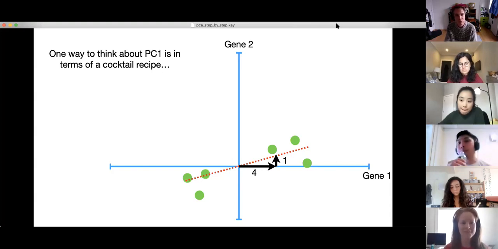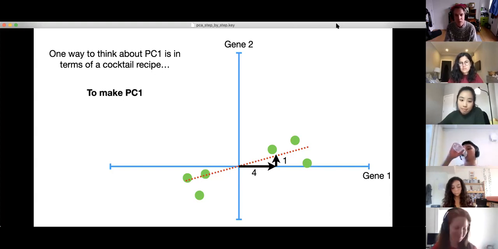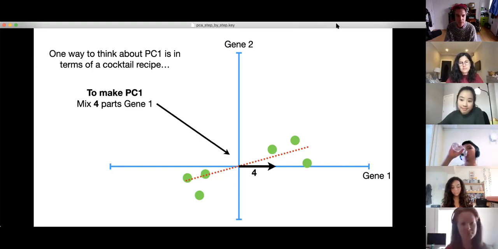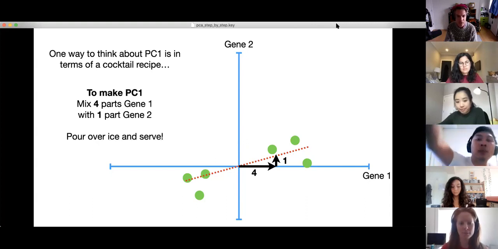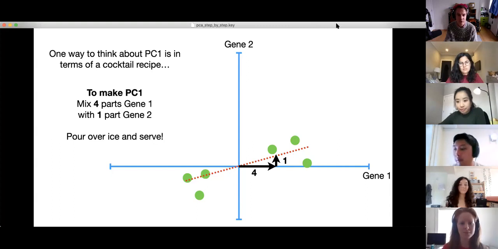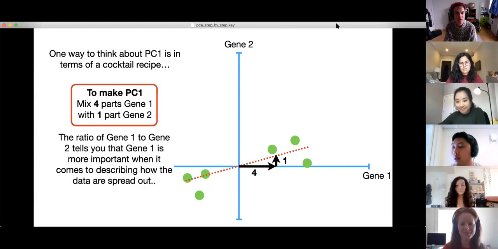It's really up to you, it's personal preference. Anyways, to make PC1, we mix 4 parts gene 1 with 1 part gene 2, and then we pour over ice and serve. And it's a refreshing beverage, trust me. Anyways, the ratio of gene 1 to gene 2 tells you that gene 1 is more important when it comes to describing how the data are spread out along PC1.